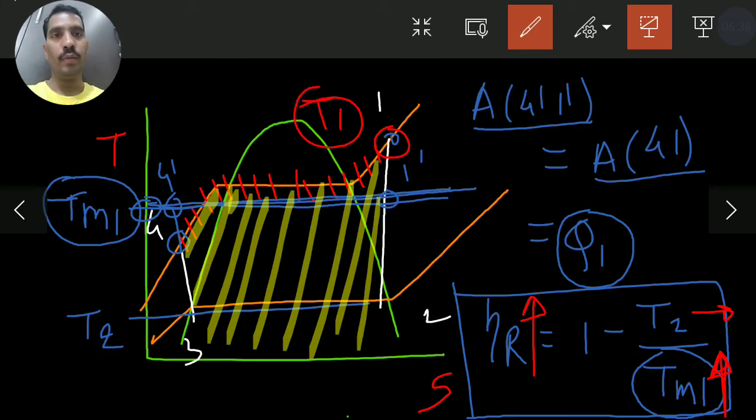Or we have to do the maximum heat addition at temperature T1, then the mean temperature of heat addition will be high and the efficiency of the Rankine cycle will be high. So during reheating or superheating, a similar thing is done, that is Tm1 is increased, therefore the efficiency of the Rankine cycle will be increased.